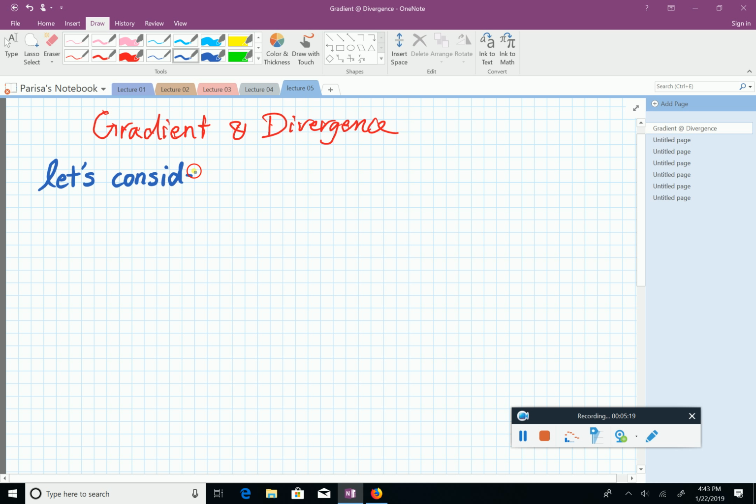So let's consider a scalar valued function of points, f. And I think last time I asked you for some examples, so I tried to make a small sketch here.